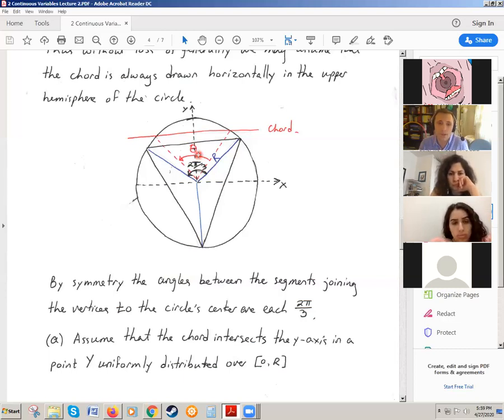So from 0 to pi, because look at it, when theta is 0, that means I have a tangent right here. When theta equals pi, you can do it in degrees or in radians, you just have different scales, you get the same solution. I always prefer radians. So theta equal to pi means the diameter, and 0 means tangent. Okay, so if this is randomly generated, now the density function for theta is what?